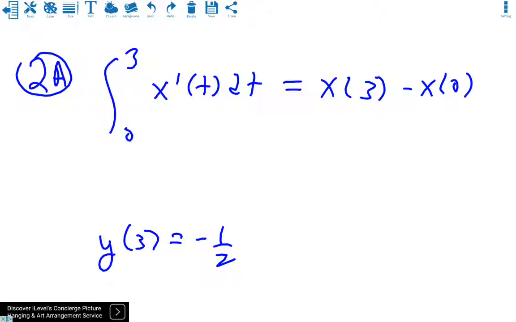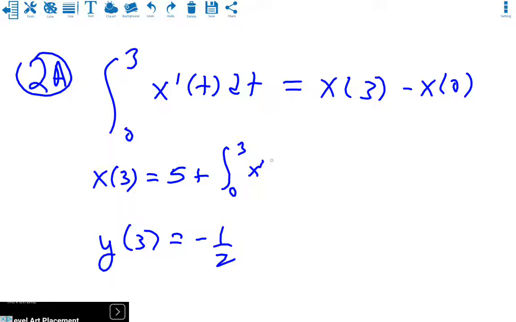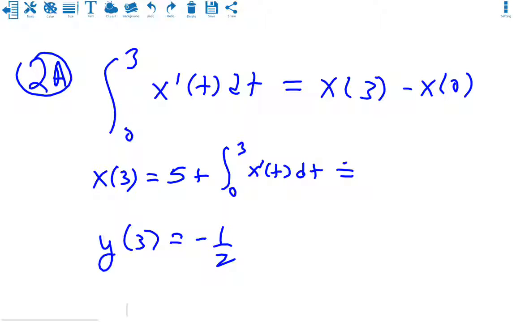So to get x of 3, don't we just add x of 0 to both sides, which is 5? So x of 3 is going to be 5 plus that integral from 0 to 3 of x prime dt. And let's find that on the calculator.